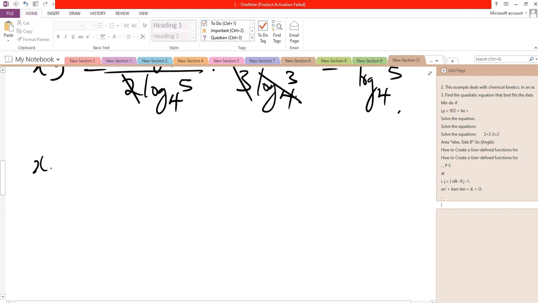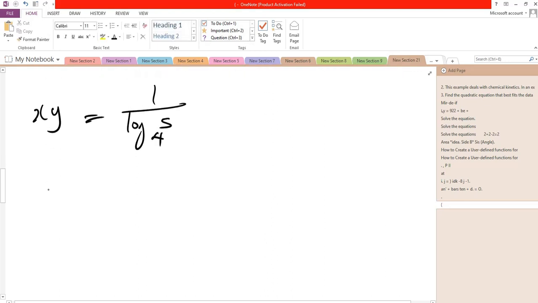So that means xy is the same thing as 1 all over log 5 base 4, which implies that, inverting it, 1 all over xy is the same thing as log 5 base 4.